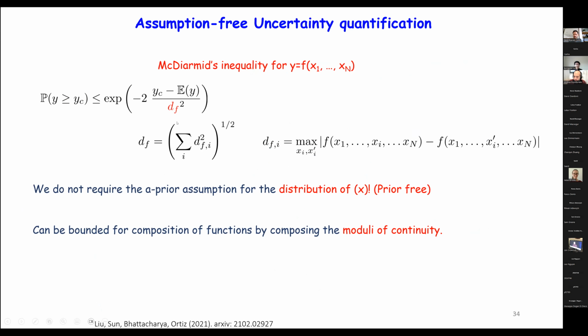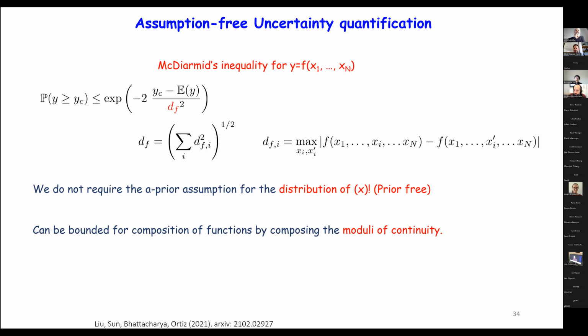The idea is that this is a bound, not an optimal bound. It is just an upper bound on the uncertainty quantification. The key difference between this approach and the Bayesian one is that we don't make any assumptions on the prior distributions, and therefore we can only provide an upper bound.